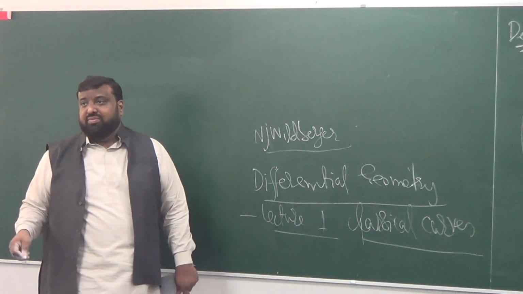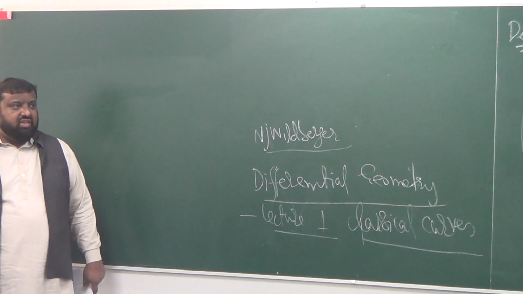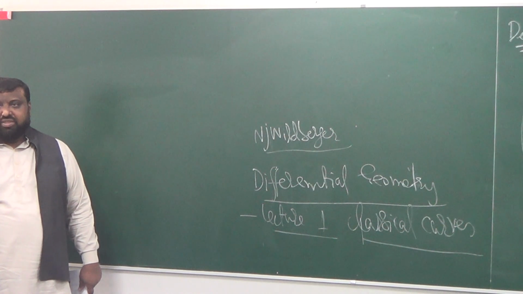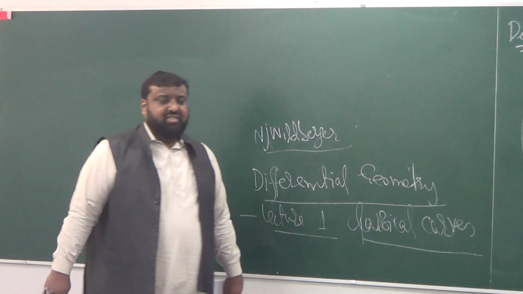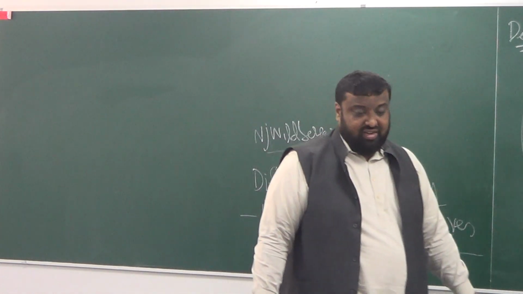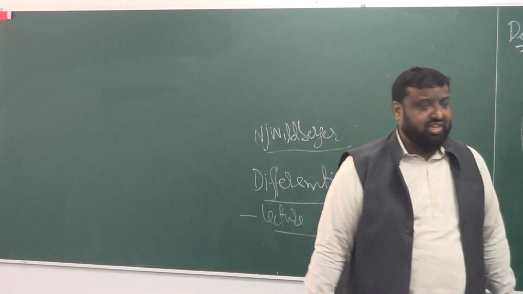And I'm going to follow his approach in some cases as well. In lecture 1 he introduces lots of classical curves and how they came into existence. And he's a very good historian as well, a narrator of history.